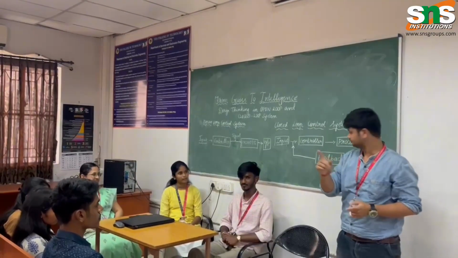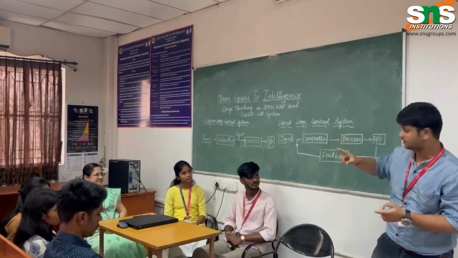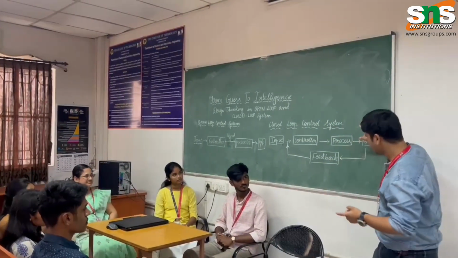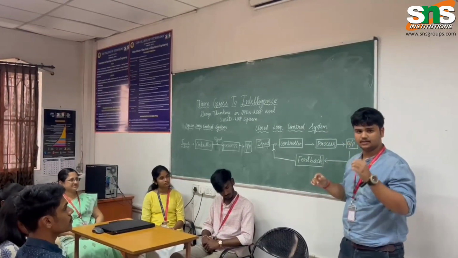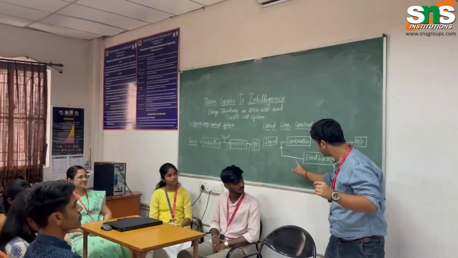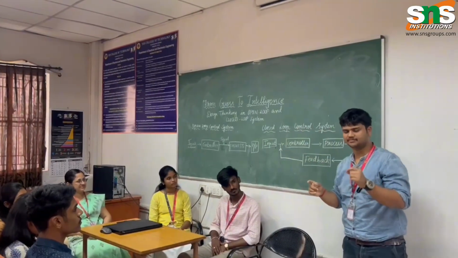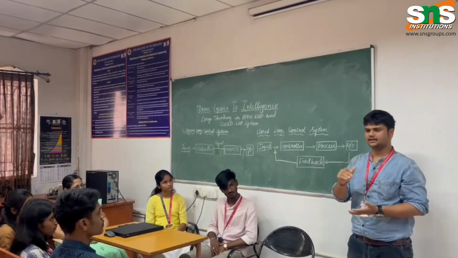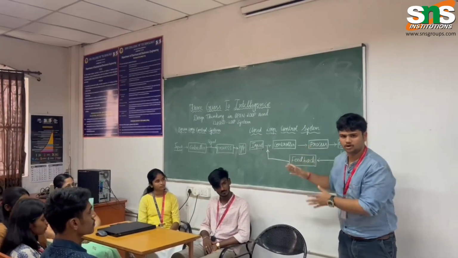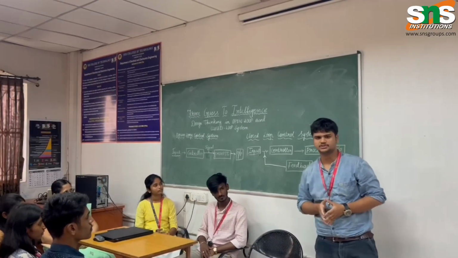It shows an error, which passes to the controller. As 24 and 26 degrees don't match, it will keep showing the error to the controller. Until the 26 degrees comes down to 24 degrees Celsius, it won't stop working. This is the basic working of a closed loop system.